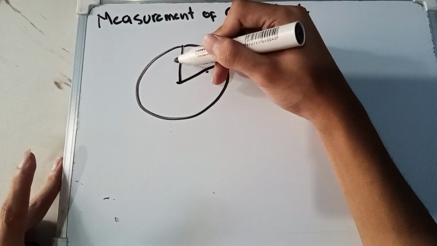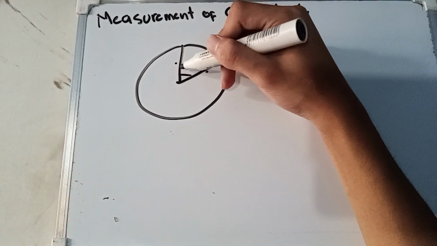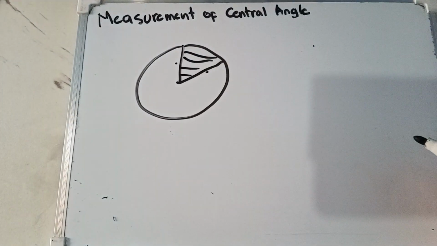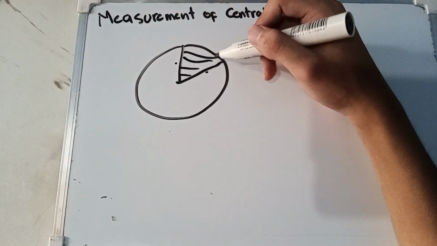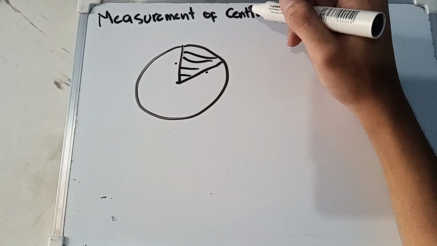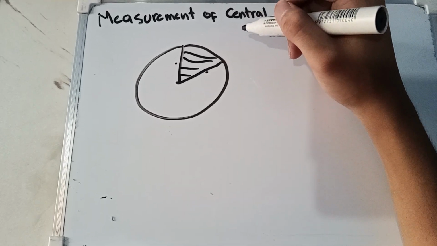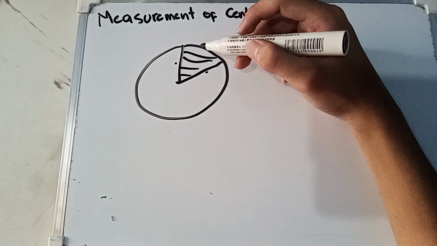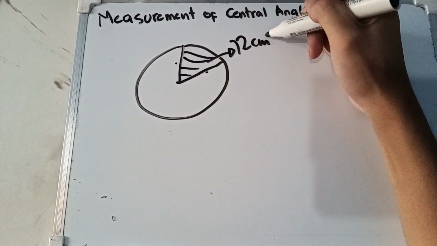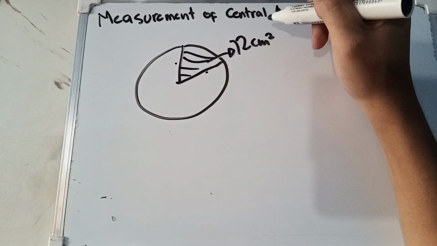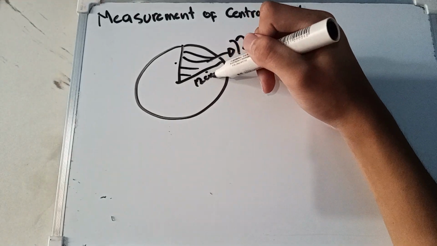This is the first radius and this is the second radius, and this is the sector. Meaning it is an area. Now what if the sector has an area of 72 centimeters squared, and the radius is 12 centimeters.